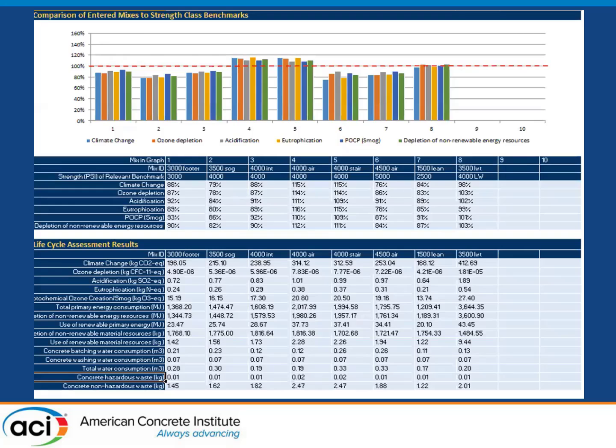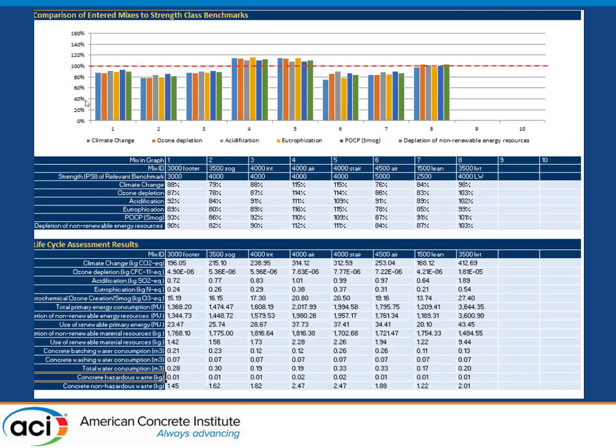And in this case, we're looking at a 3,000 footer, a 4,000 interior wall, a 4,000 exterior concrete, a pan stair mix, a 4,500 air entrained concrete for exterior concrete, as well as a mud mat that's a 1,500 lean, and then some lightweight floor concrete that's being put in.